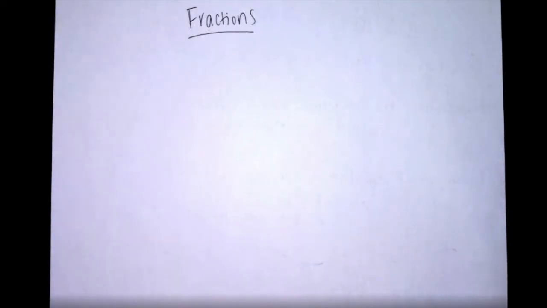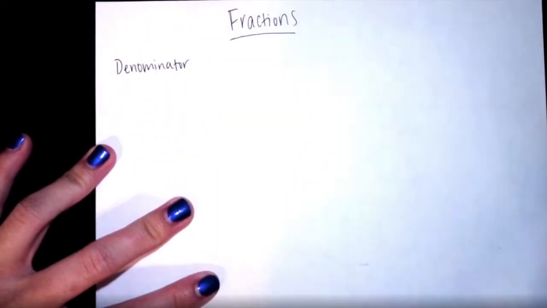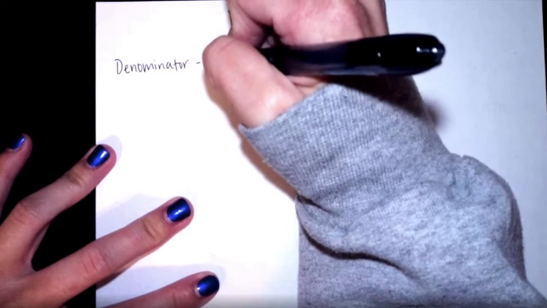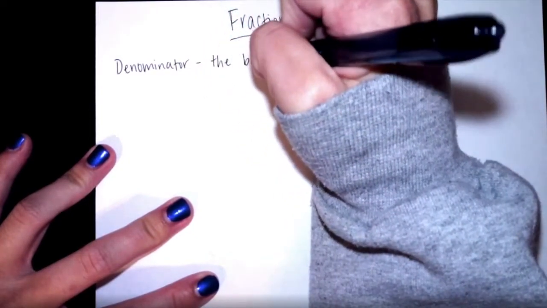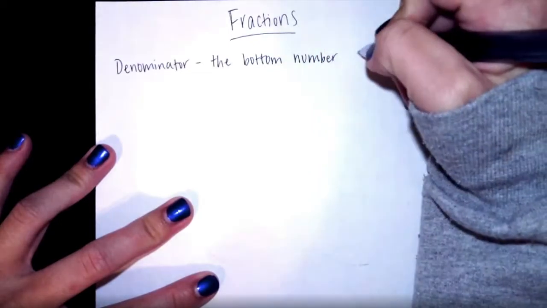But first I want to talk a little bit about where a denominator in a fraction even comes from. So we remember from yesterday that our denominator is that bottom number in a fraction.